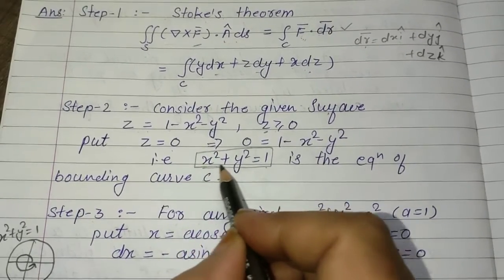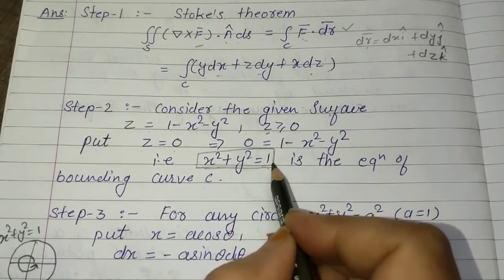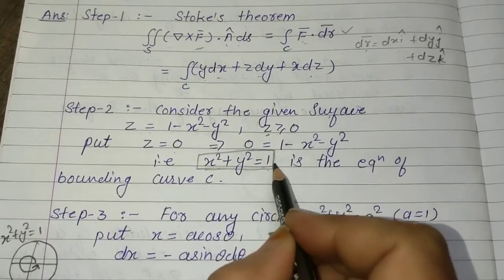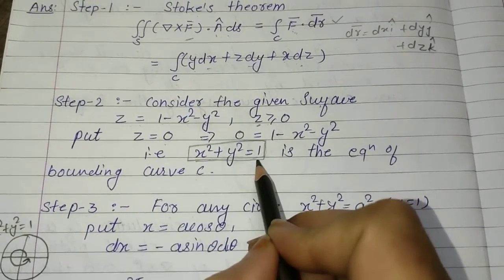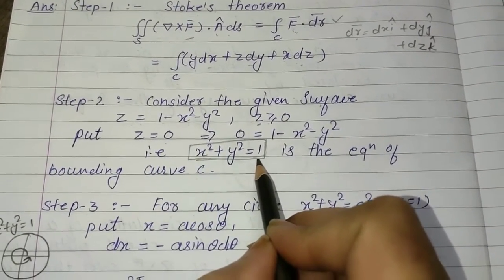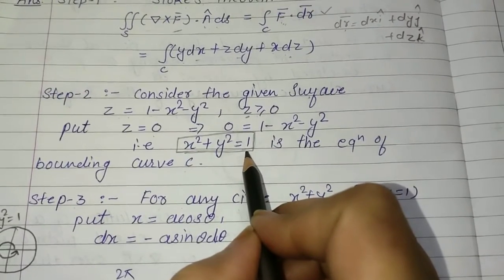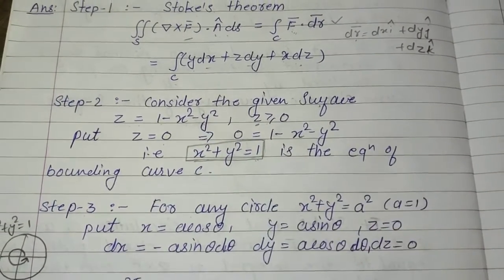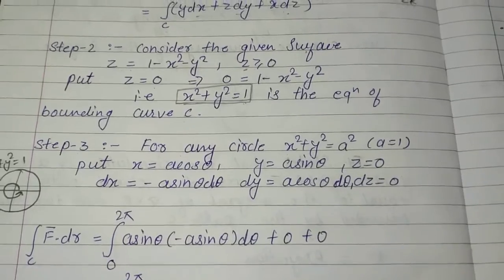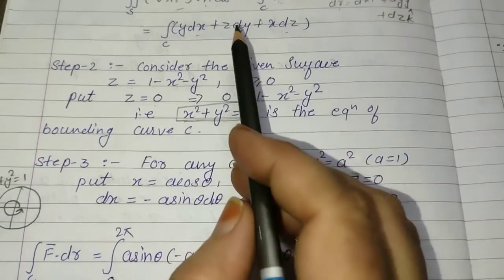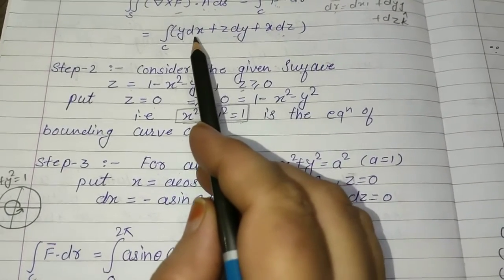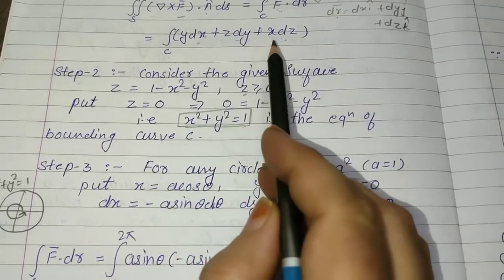So the bounding curve we got is this circle. Now in the circle we made this integral. This is in the x y z form.